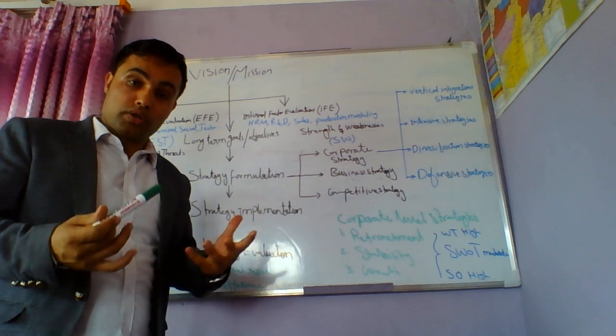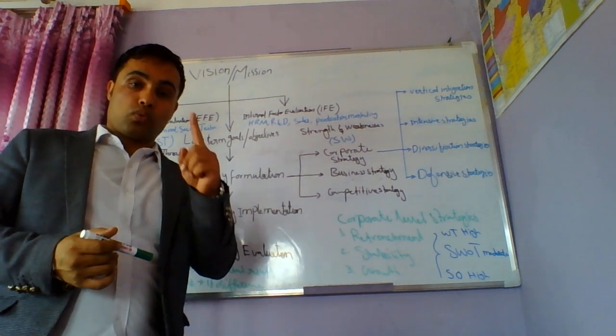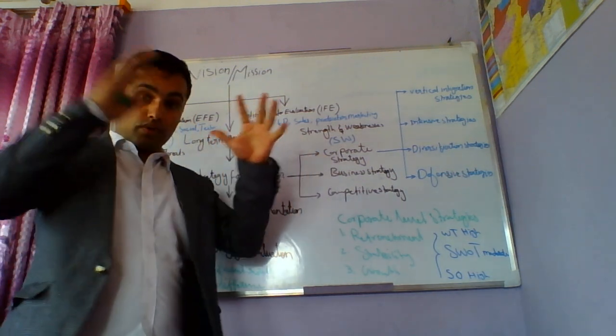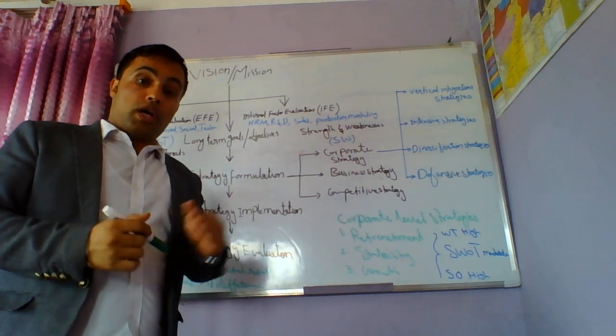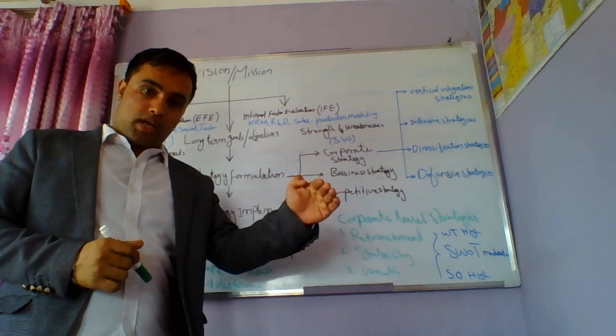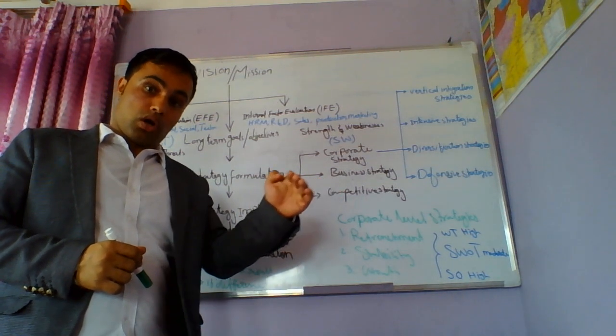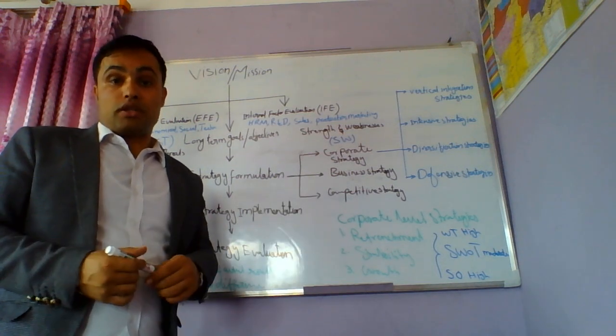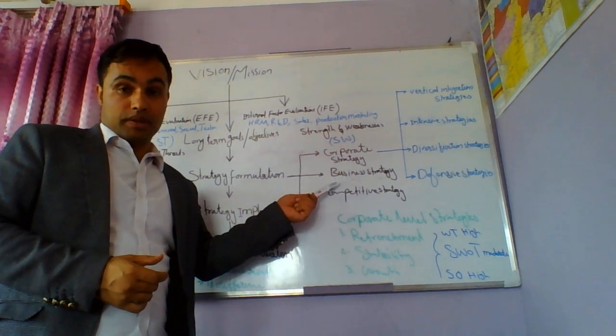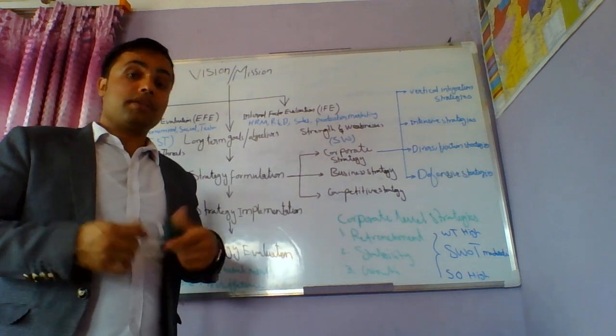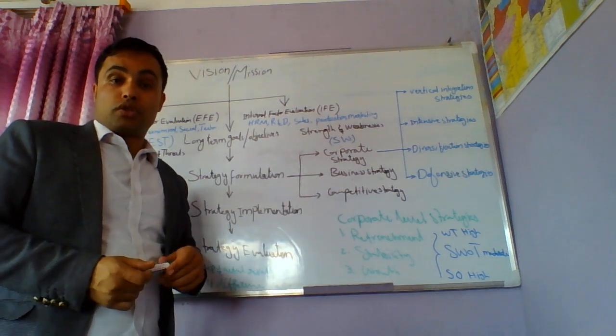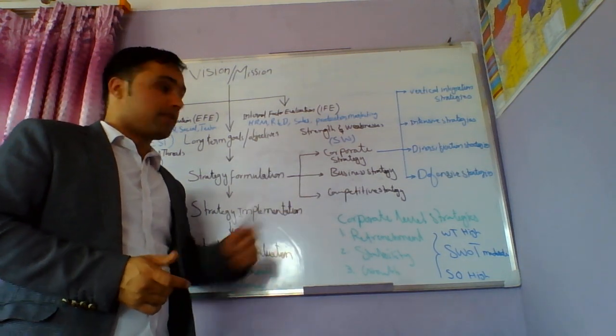So Toyota has one corporate strategy, an overall strategy, whereas for each product that is going to be launched, Toyota needs to have a separate business strategy. For each separate business strategy, Toyota needs to have competitive strategies.